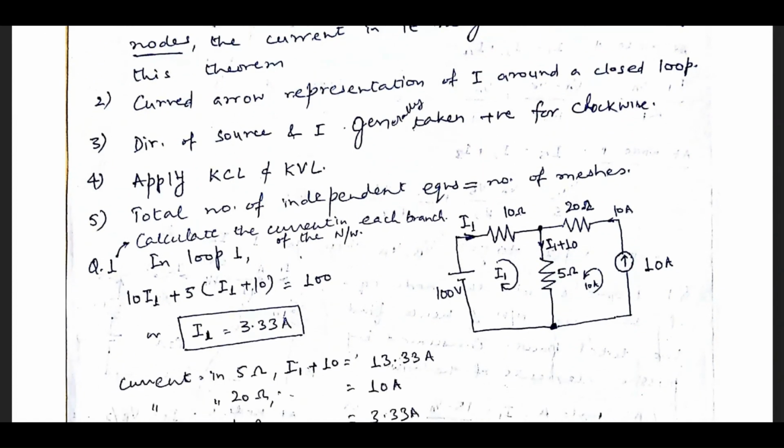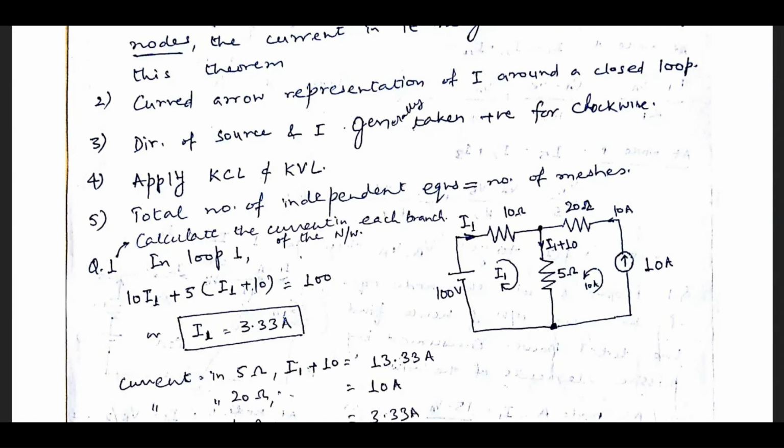A curved arrow means it can be clockwise or anti-clockwise, but the direction of the source and current is generally taken positive for the clockwise direction. If possible, we take the clockwise direction, but there is nothing to worry about.